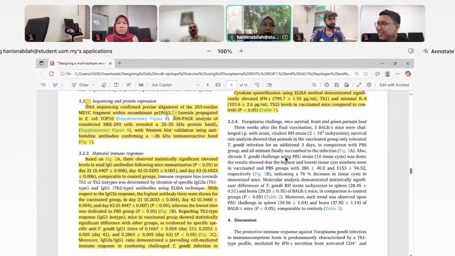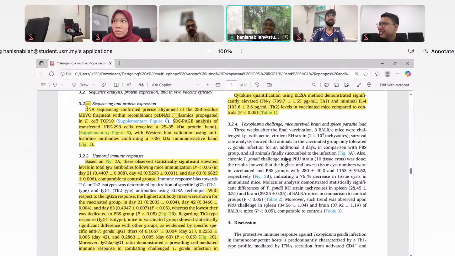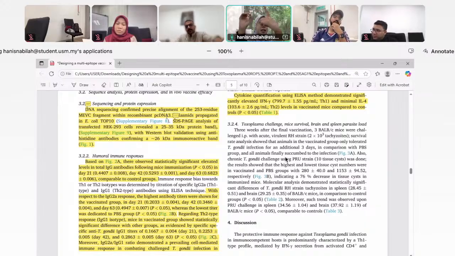They're checking the DNA sequence. Good, because they use the recombinant DNA plasmid. So how do they show this recombinant DNA plasmid works? First, they send the recombinant DNA plasmid for DNA sequencing. Second, they check the protein expression.